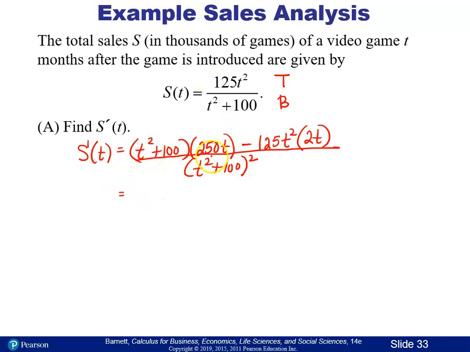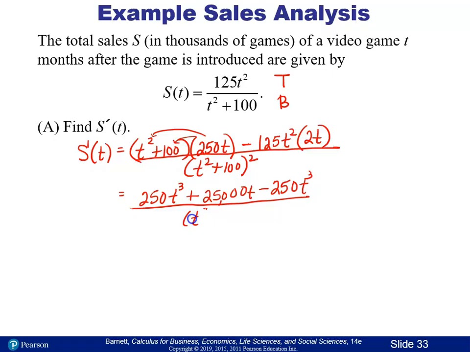Okay, if we simplify here, we're distributing, so we'll have 250t to the third plus 25,000t minus 250t to the third, and then all of it's going to be over this.